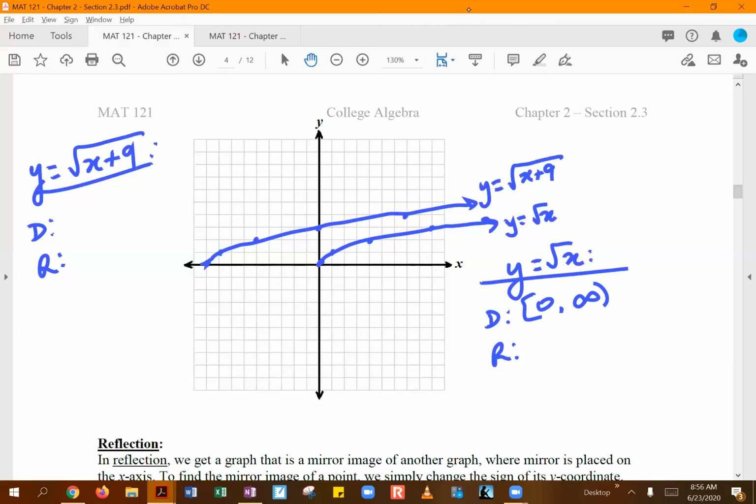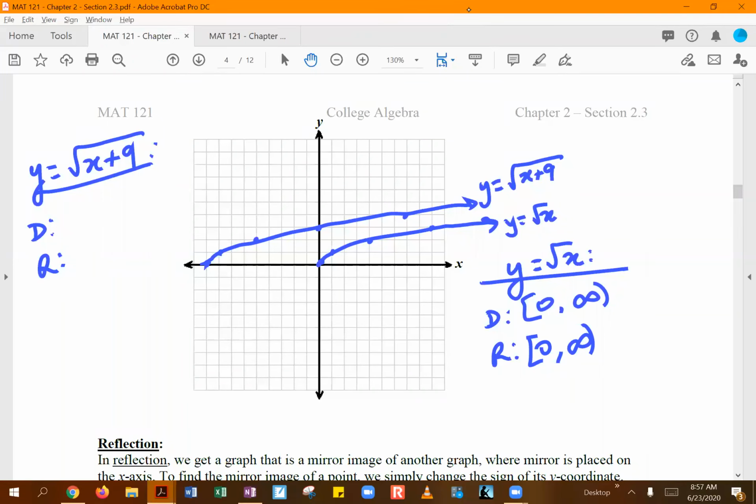Even though our arm of the graph is going to the right, it's going to get wider, which means it's going to start going upwards. So in terms of the y-axis, we're starting at 0 and going up, from 0 to positive infinity. So the range is the same as the domain in this case.